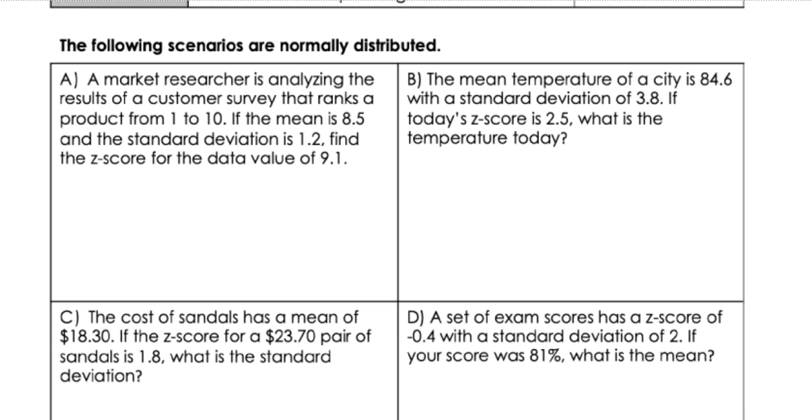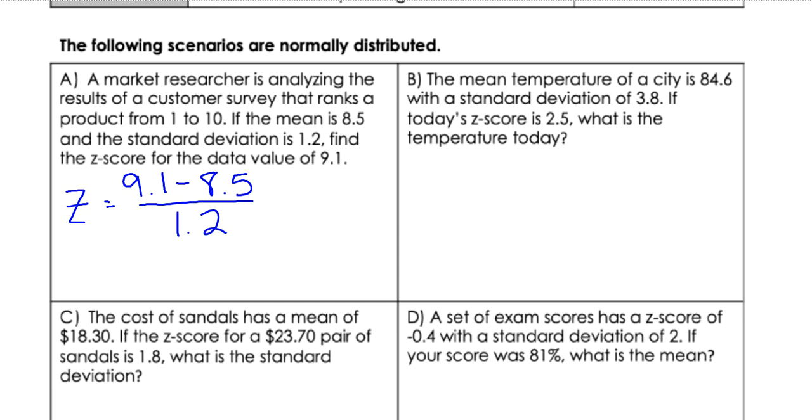In example A here, it says a market researcher is analyzing the results of a customer survey that ranks a product from 1 to 10. If the mean is 8.5 and the standard deviation is 1.2, we're going to find the z-score for the data value of 9.1. To find our z-score, we use that formula, which is to take the data value and subtract the mean, and then divide it by the standard deviation.